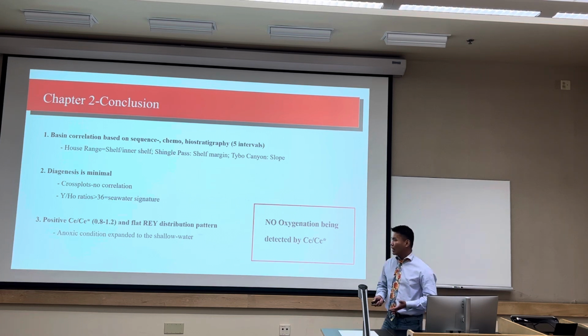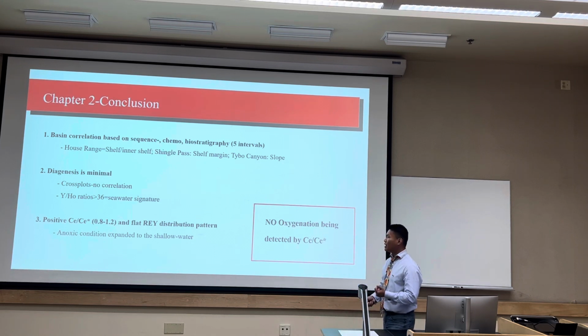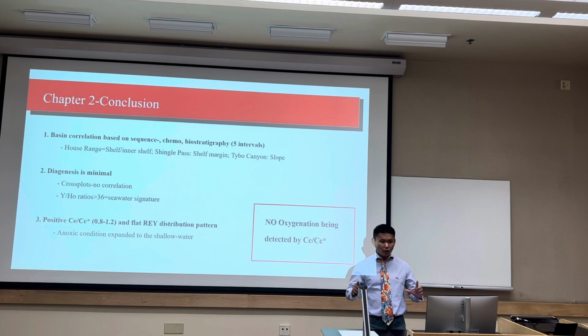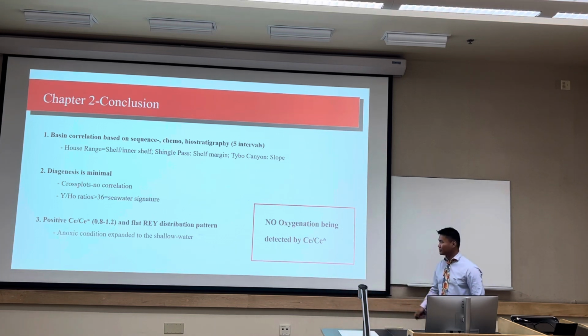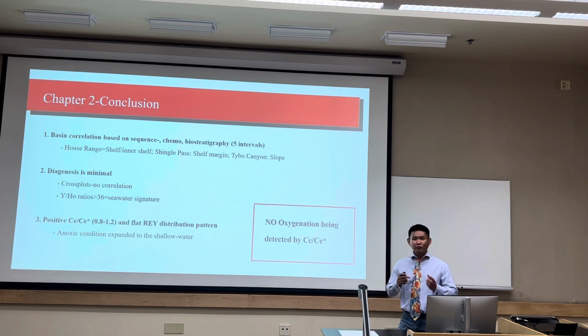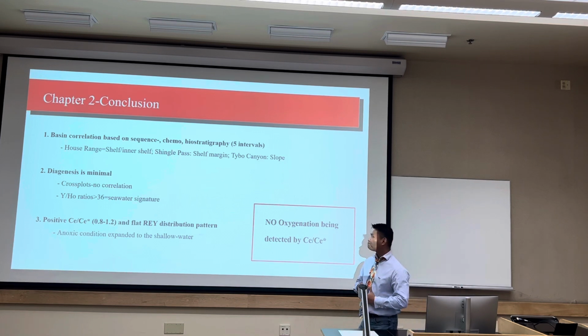Positive cerium anomaly was documented throughout the whole basin across different sections. It tells you that the anoxic condition was not only in the bottom water, but expanded all the way to shallow water. So the conclusion here is, using the cerium anomaly, in the Great Basin during the Late Cambrian period, there's no oxygenation documented during the SPICE interval.